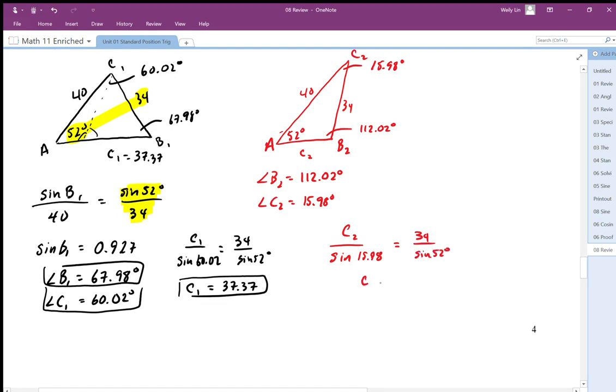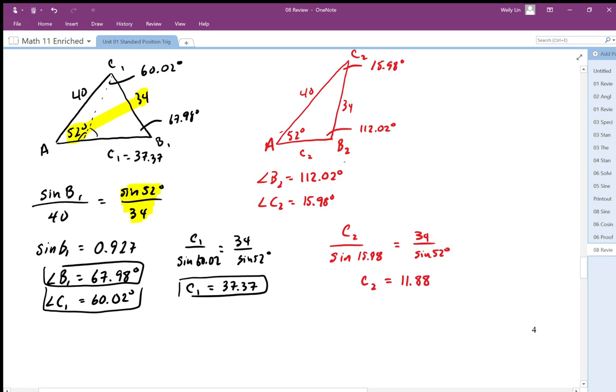Okay, and then solving for C2, I get sine 15.98 times 34 divided by sine 52. Okay, so here I get 11.878, so I'm going to round that to 11.88.